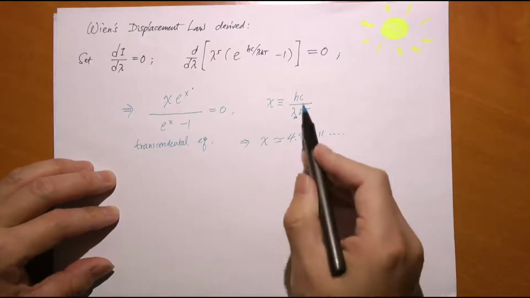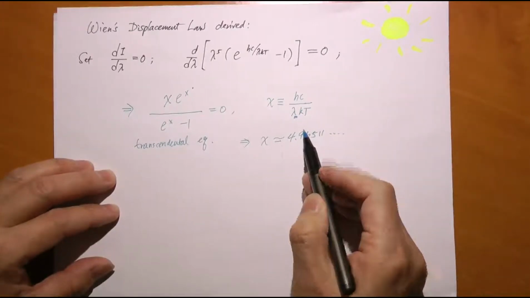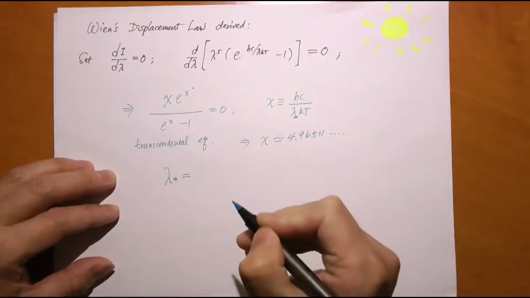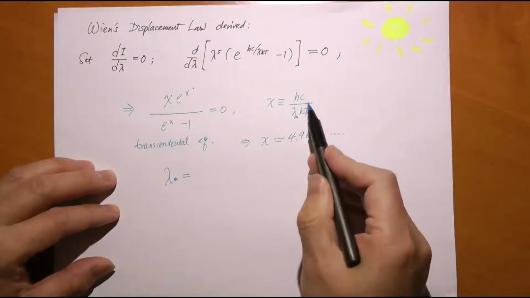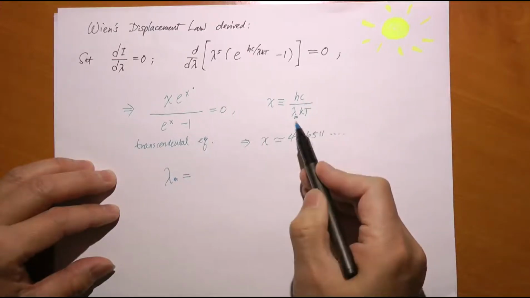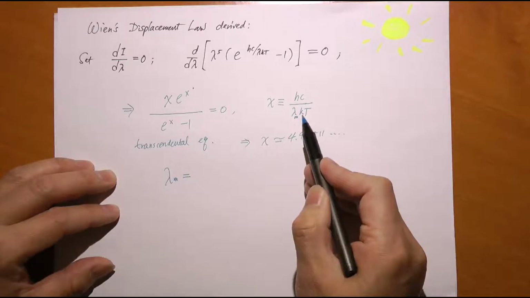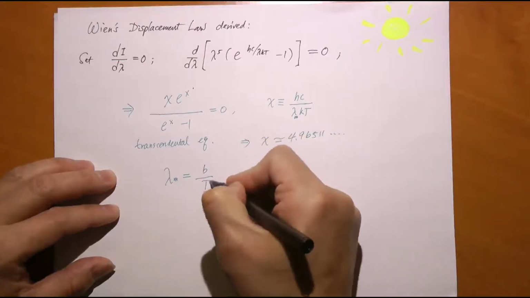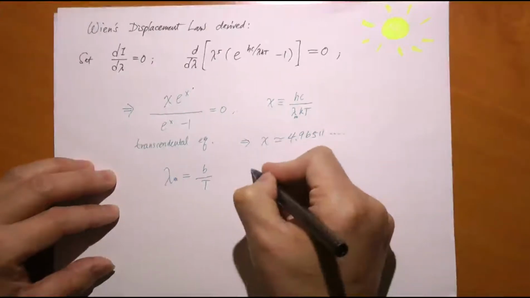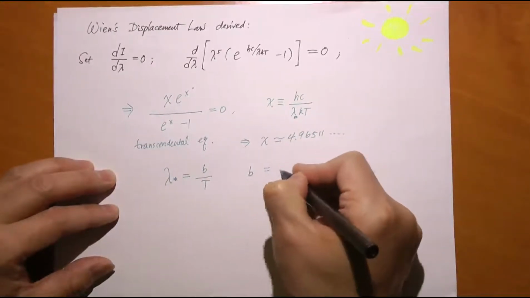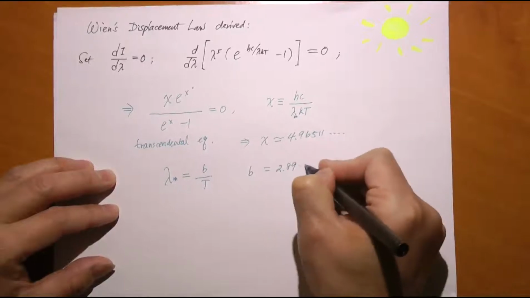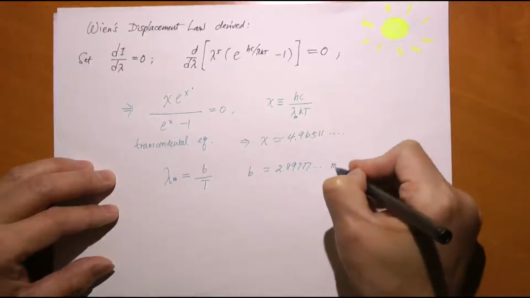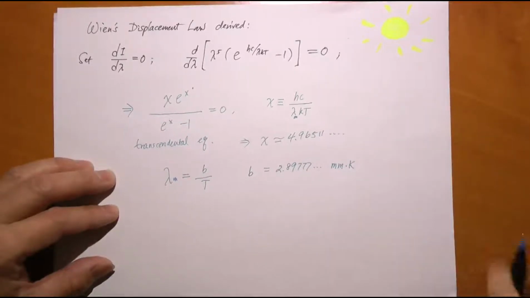And from that x, which is hc over lambda kT, you can solve for lambda then. Lambda maximum, therefore, equals hc over x over k, and then divided by T. So it's overall a constant divided by T. And that constant comes from x. That constant is equal to 2.89777, and so on. And the unit is millimeter Kelvin.